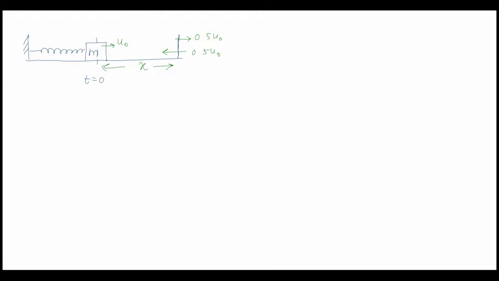Initial energy is equal to final energy, so we can write half m u0 square is equal to half m (u0 by 2) square, that is u0 square by 4, plus half k x square. Here we can calculate the value of x.